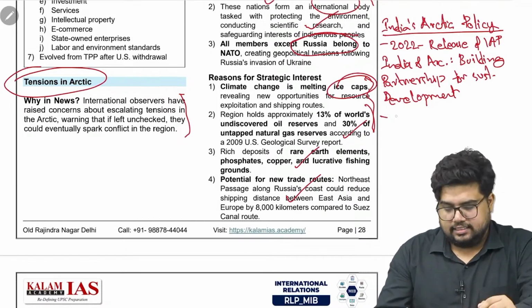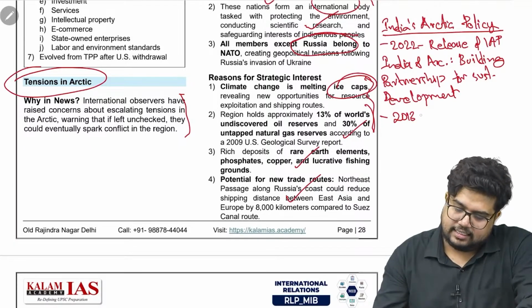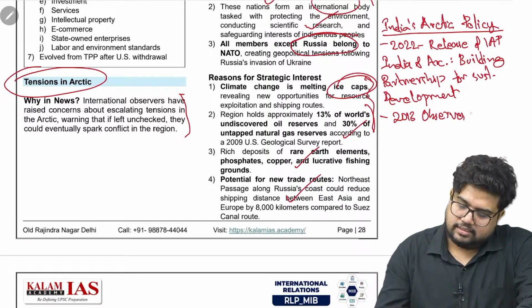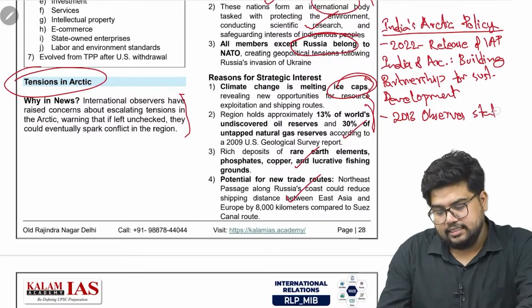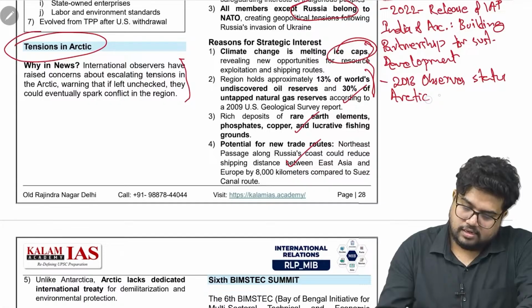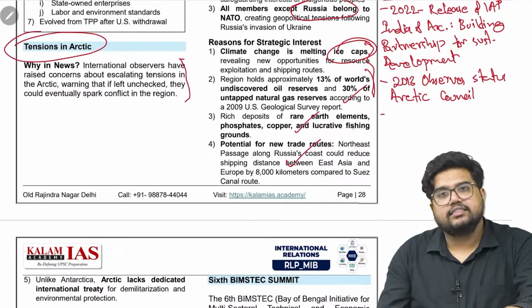Now there are other aspects. Since 2013, India has had observer status, India is enjoying observer status in the Arctic Council. Similarly, India has a research interest in the Arctic.